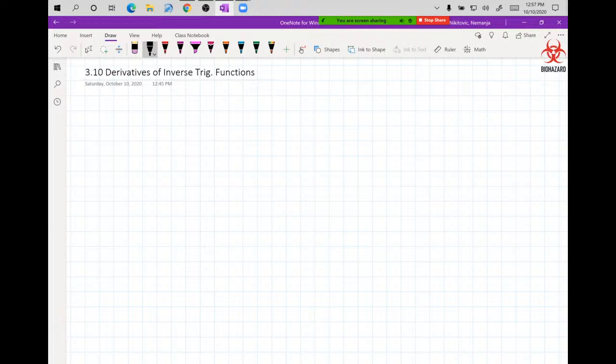What is the meaning of the inverse trig function? Well, if you have a trigonometric function y equals sine x, then y is the ratio of a number as a over b, and x is some kind of angle.